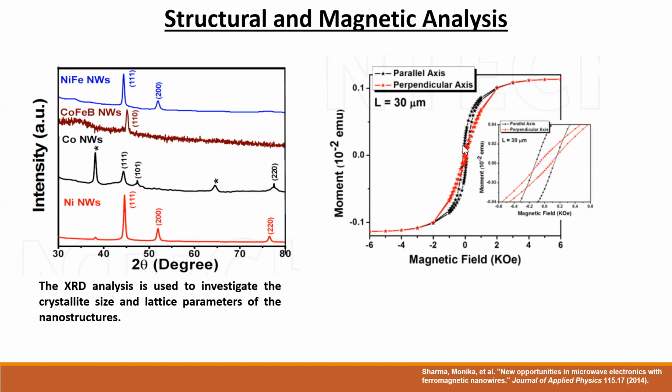So the parallel and perpendicular magnetic measurements help us understand in which direction my magnetic moments are oriented. They also help to determine various parameters like the remanence, the coercivity, and the squareness present in the magnetic material. So we can determine different properties by analyzing the hysteresis loop of magnetic materials.